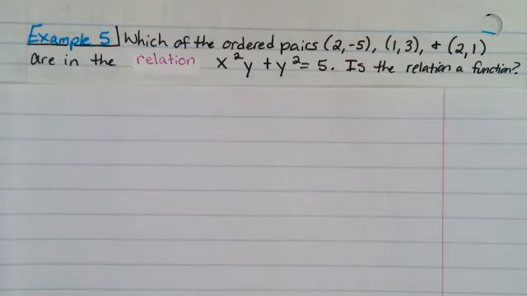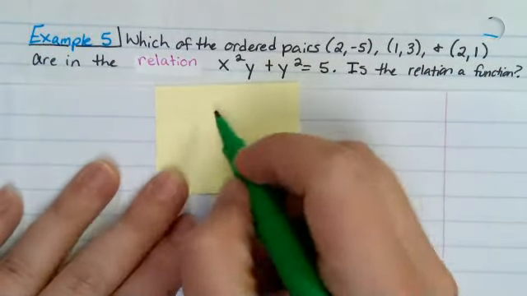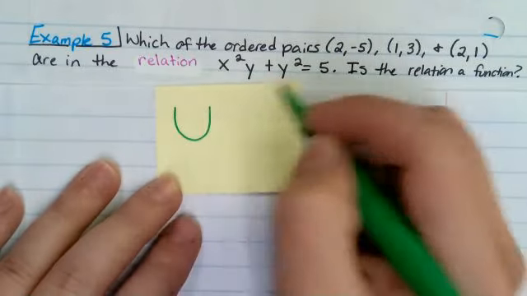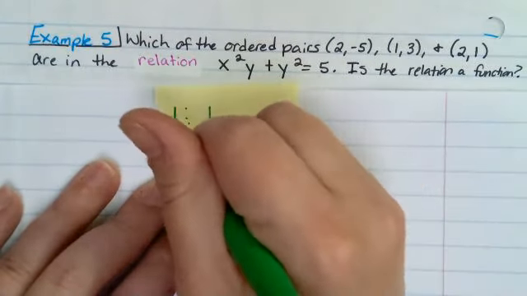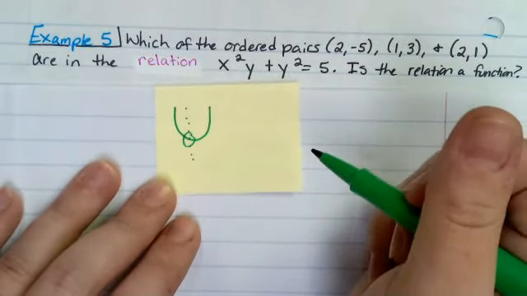If you remember back to your algebra classes, when you were telling if something was a function, a lot of times you would use something called the vertical line test. If you had a parabola, you were able to tell that that was a function because if you dropped a vertical line down it, it only hits in one location.